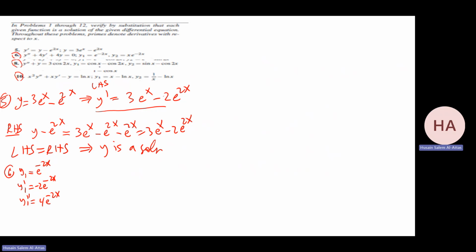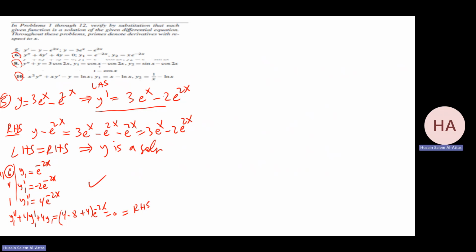So I need y double prime plus 4y prime plus 4y, so these coefficients are 1, 4, 4. Let me do it quickly: I have 4 minus 8 plus 4, which is the right-hand side. So it's a solution.